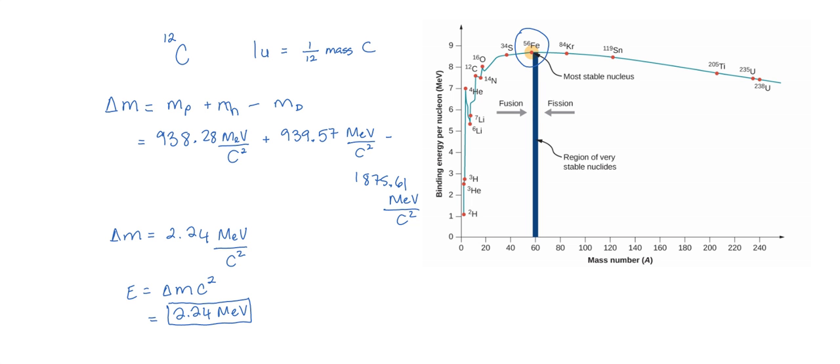If you look at the greatest amount of energy required to free an electron bound to a hydrogen atom, what we find is that's only about 10 electron volts. So this is far greater, and this is just when we have one proton and one neutron.